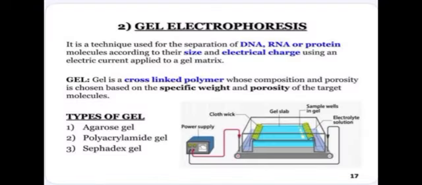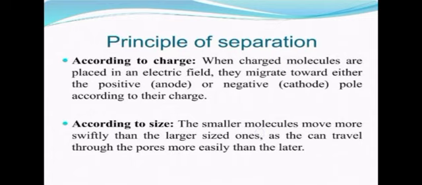This is the structure of the gel electrophoresis. Next, we see the principles of gel electrophoresis separation. The principle is based on charge and size. First, according to charge, when charged molecules are placed in an electric field, they migrate towards either the positive or negative pole, anode or cathode, according to their charge.